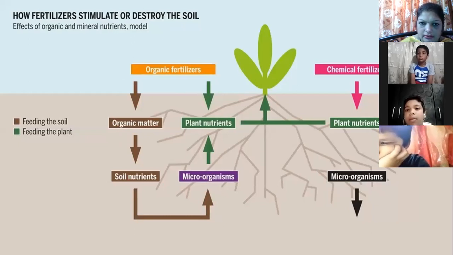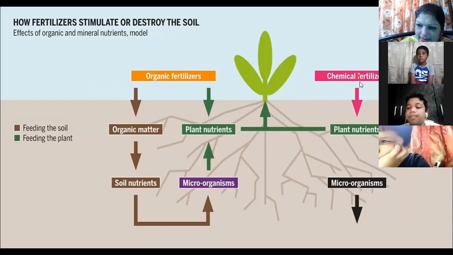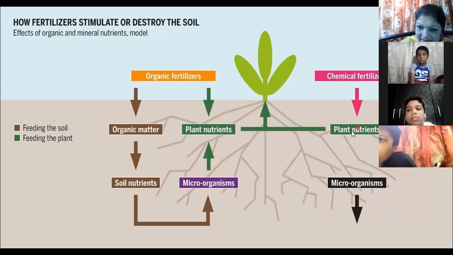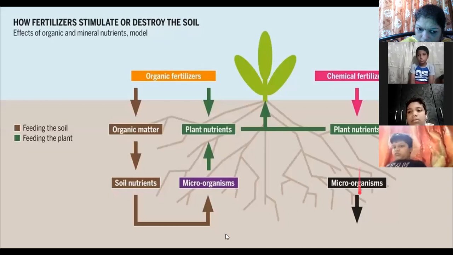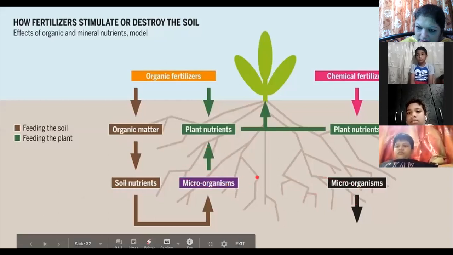Now look here, this one, chemical fertilizers. Now when chemical fertilizers are mixed into the soil, what exactly is happening? See, it is directly giving nutrition to the plant straight away. It is not going down like the soil nutrition. That means the soil is not getting anything over here.